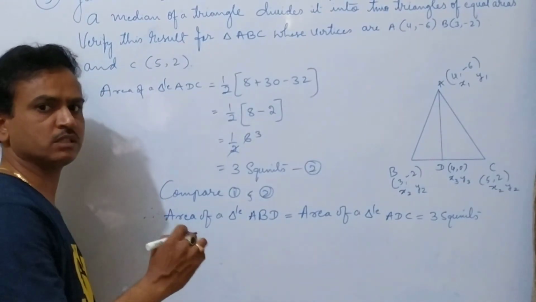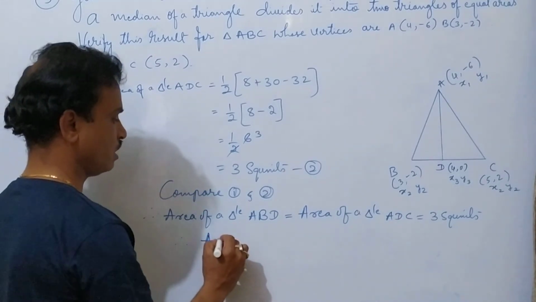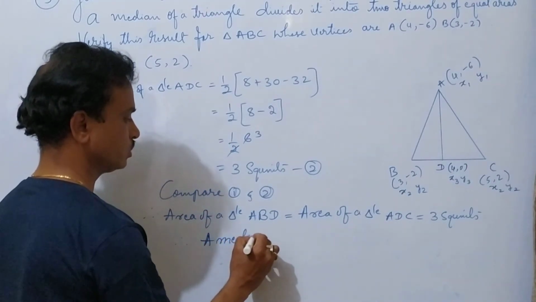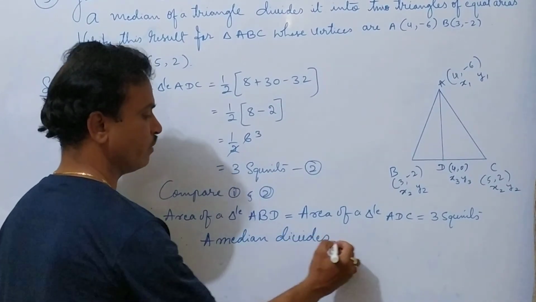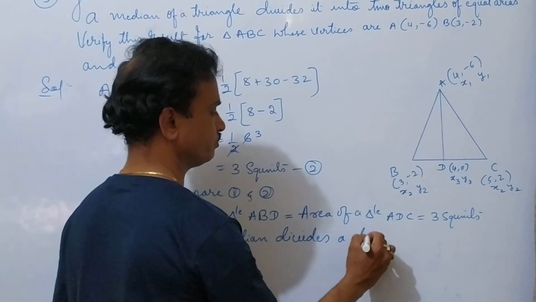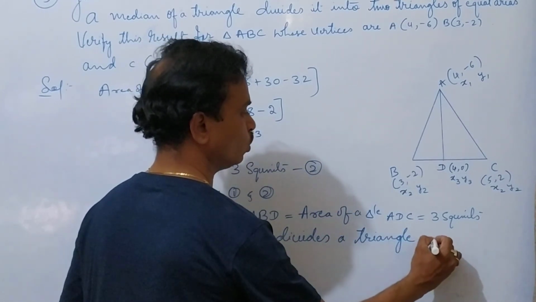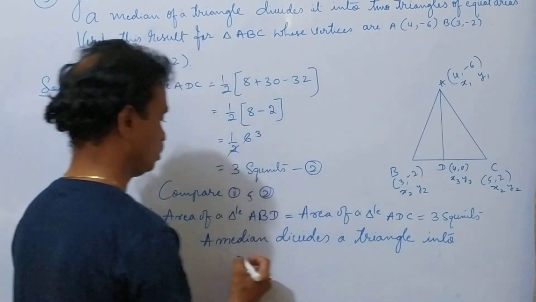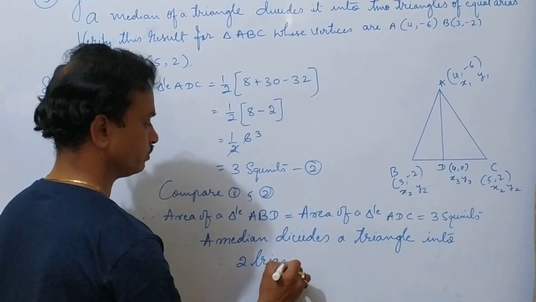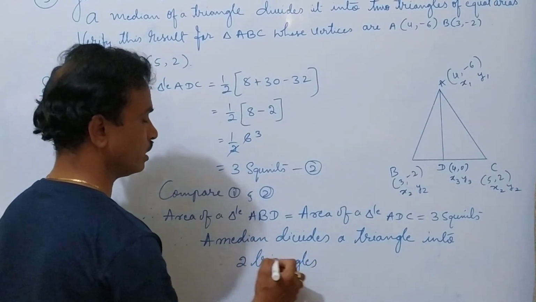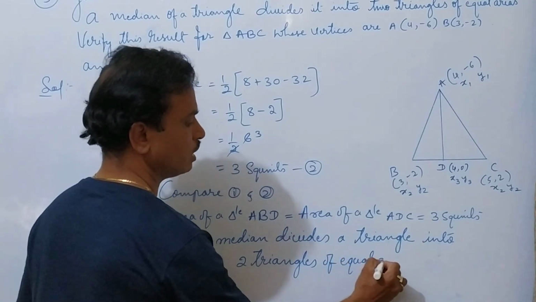That means from this we understood that a median divides a triangle into two triangles of equal areas.